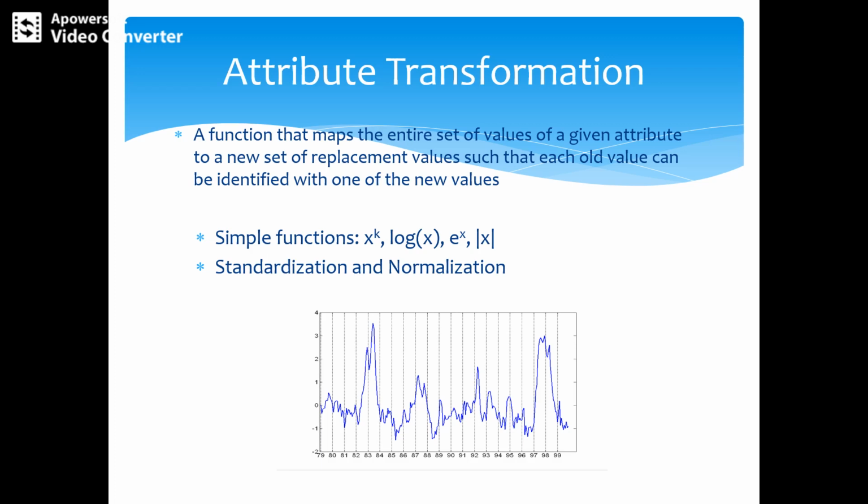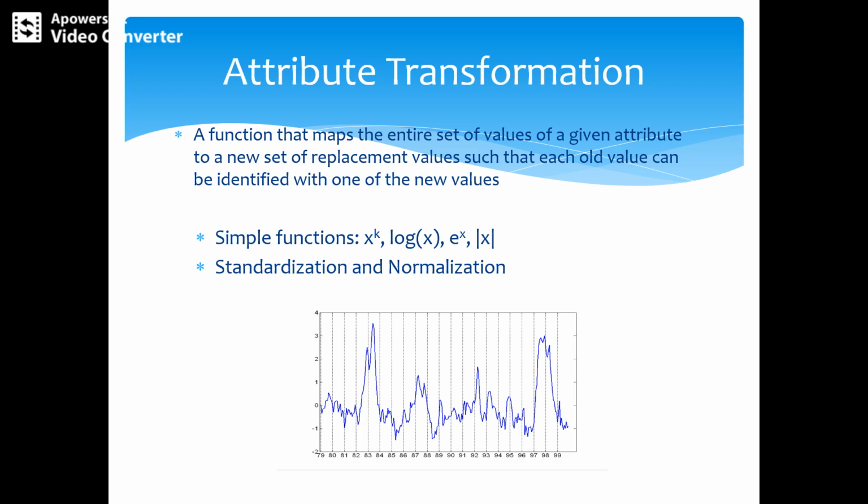One example is simple functions. For this type of variable transformation, a simple mathematical function is applied to each value individually. If x is a variable, then examples of such transformations include x to the power k, log x, e to the power x, square root x, 1 by x, sin x, or modulus x.